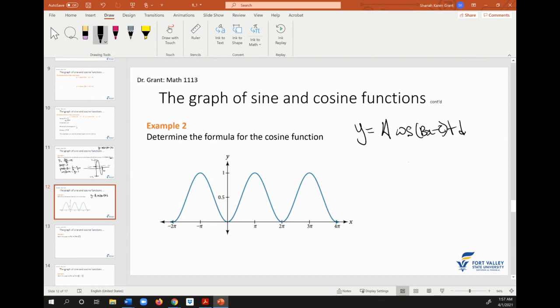So let's see what we can identify here. Looks like my midline is 0.5, that's halfway. So if my midline is 0.5 and the height of the graph is 1, that means my a, which is my amplitude, is 0.5.